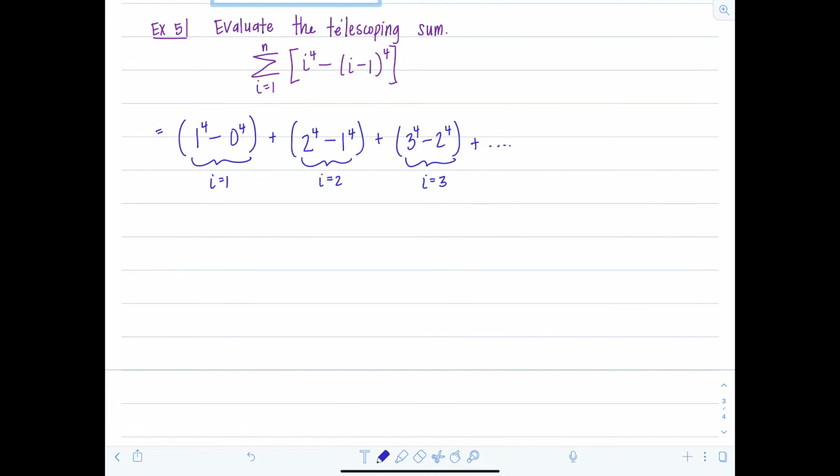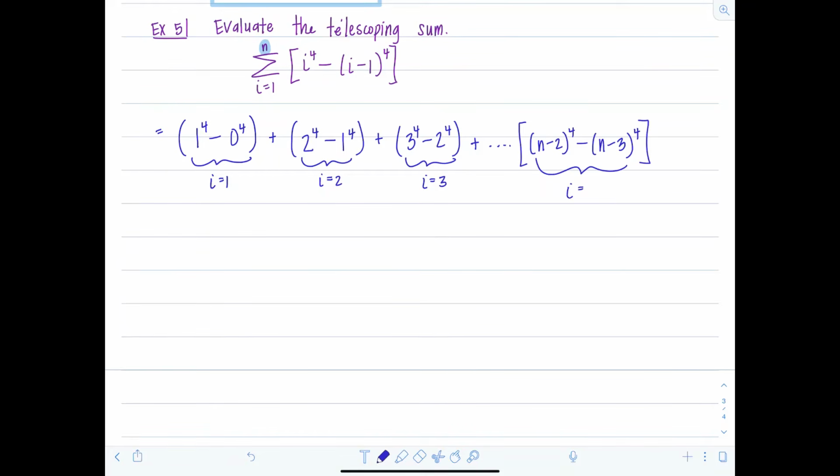And then let's list out the last 3 terms as well. So the last term would be i equals n. The one before that would be i equals n minus 1. So let's start maybe with i equals n minus 2. So i equals n minus 2, we're going to have n minus 2 to the 4th minus n minus 3 to the 4th.